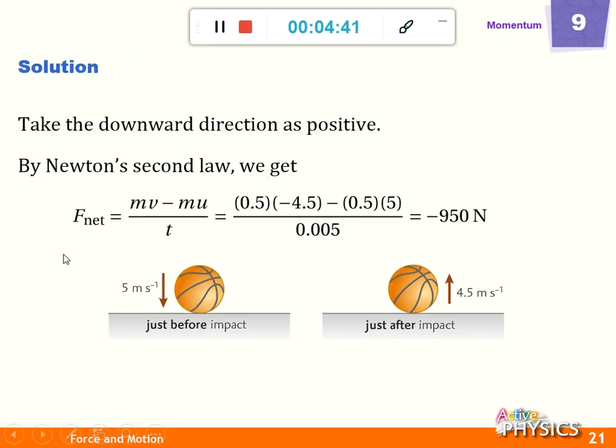When you look at this, we know that the final velocity v should be negative 4.5 because I let downward be positive. After the calculation it will be negative 950. Downward positive, negative means that the applied force will be in the upward direction.